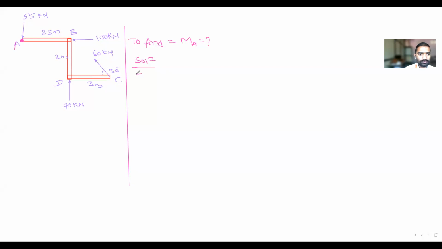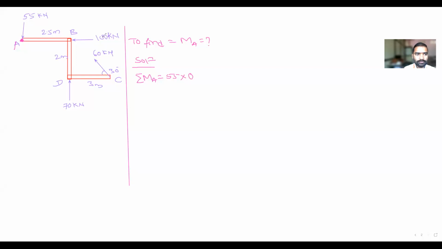Okay, first I'll start from point A. Summation of moment about point A is equal to, first, 55 kilonewton into the distance between the line of action of the force and the point. How much is it? 0, because the force is passing through the given point. Next, consider the 100 kilonewton force.